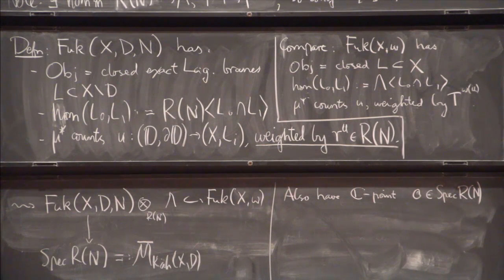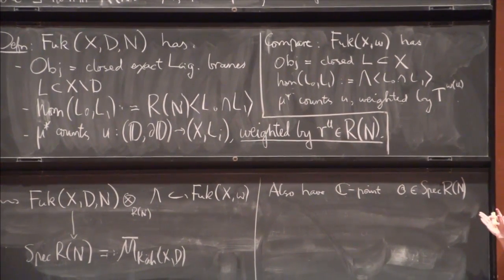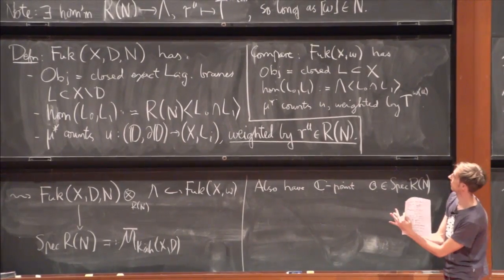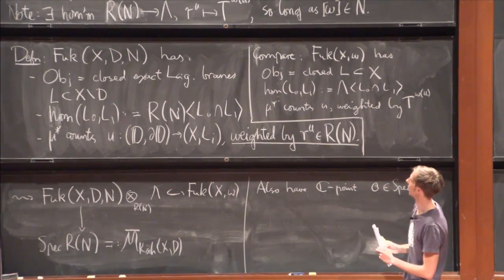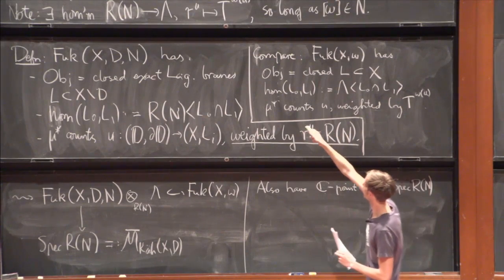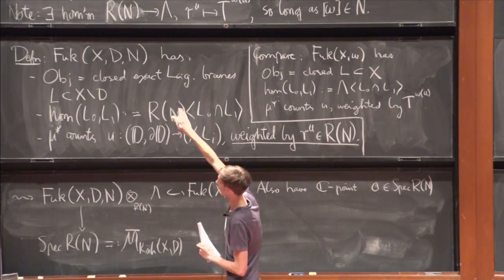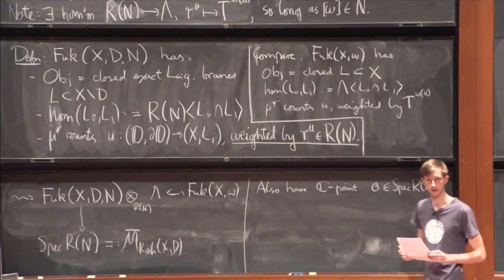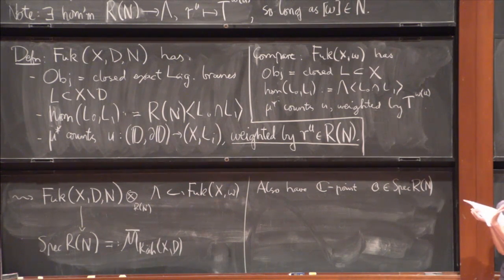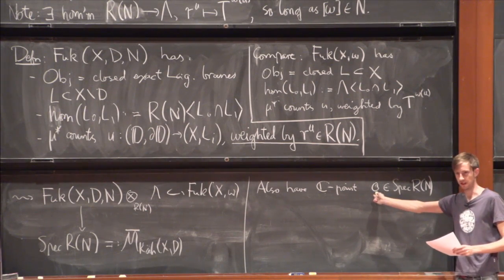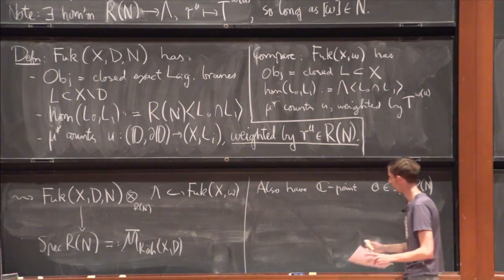So we also have a C point, 0, in spec of this ring, which corresponds to the vertex of this cone. N E of n is some kind of strongly convex cone that has some vertex, and there's a well-defined maximal toric ideal, which we call 0, the corresponding point in here.